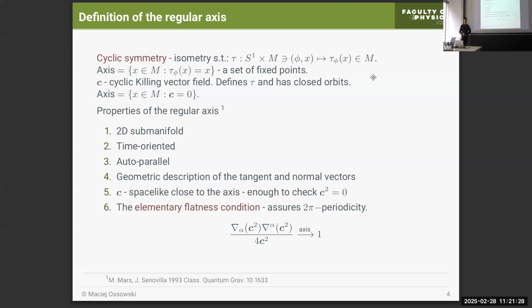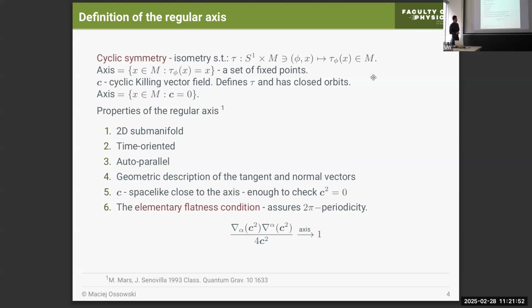Now we have another possibility of how to think about the axis. The axis would be just a set of points in the manifold such that this Killing vector field vanishes. And by vanishes, I mean that it vanishes as a vector field, not just that its norm is zero.